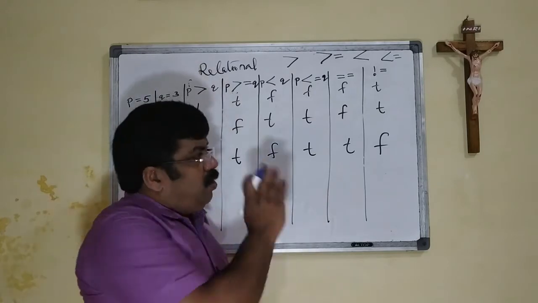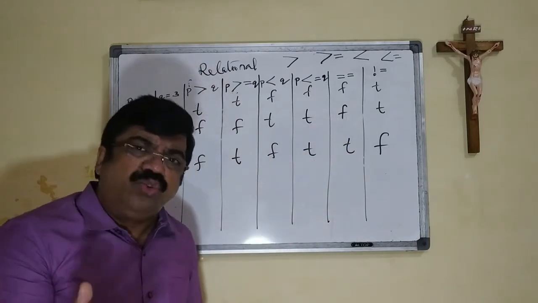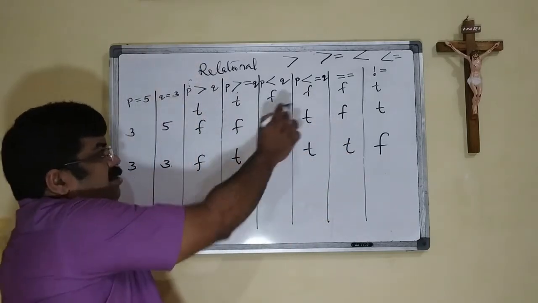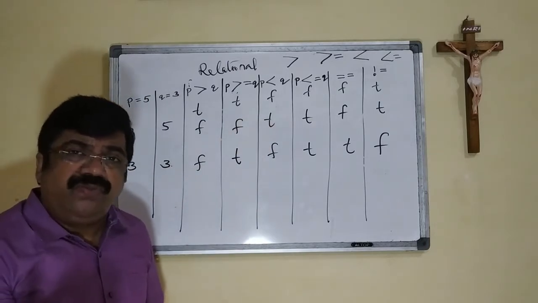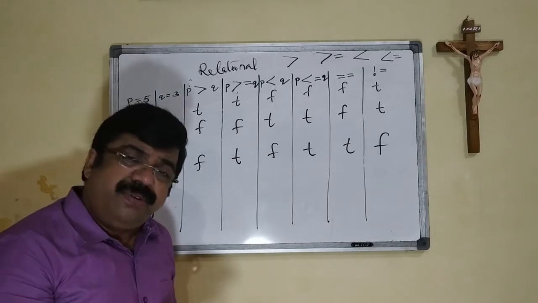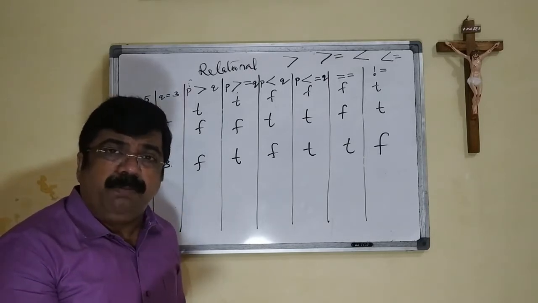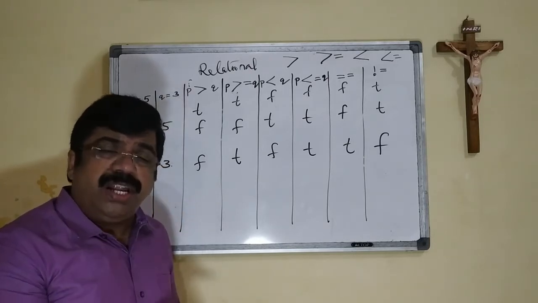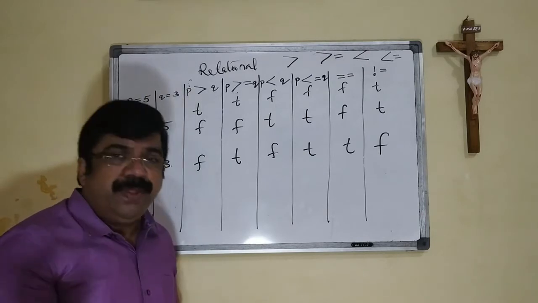Similarly, we can give those values in the truth table. While you make this table, if you give zeros and ones instead of T and F, that is okay. That means T will be replaced by 1 and false will be replaced by 0.